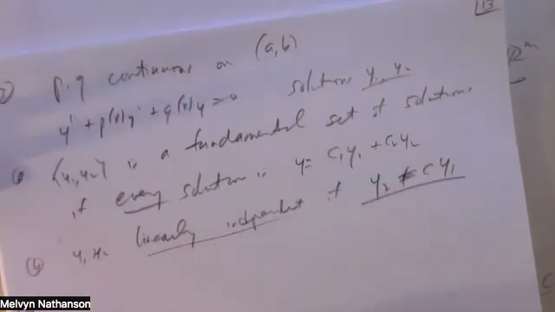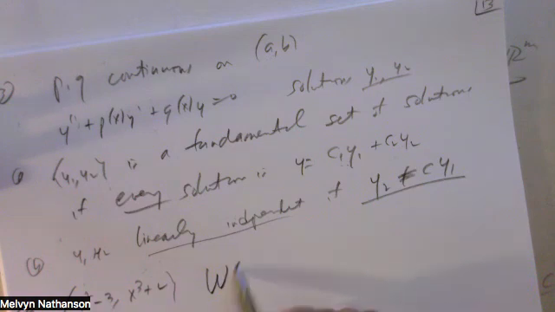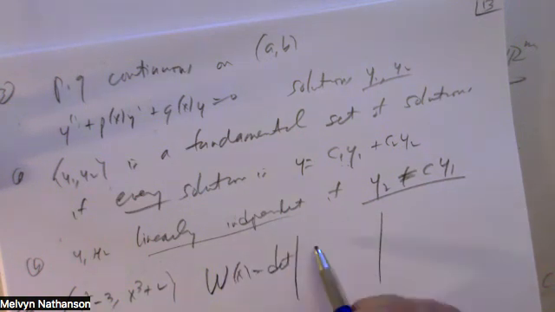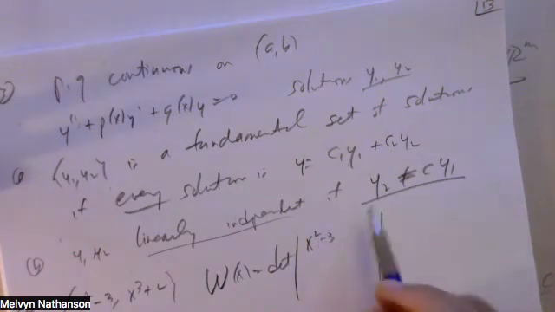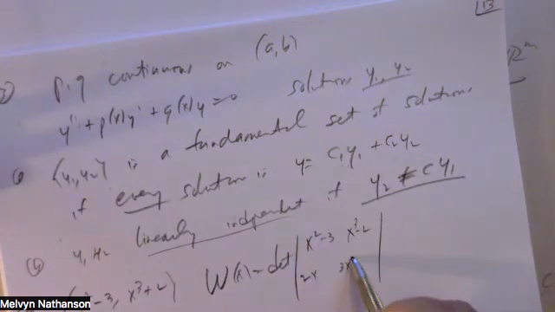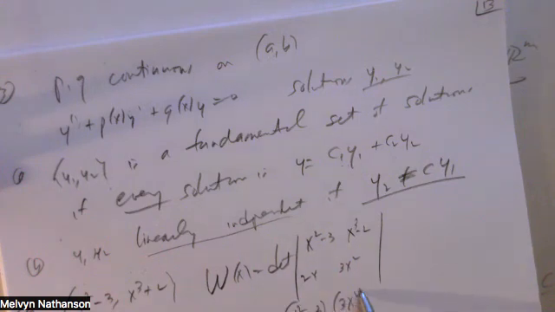And in problem 4, we have a set of functions, x squared minus 3 and x cubed plus 2. So what is the Wronskian? It's the determinant of the 2 by 2 matrix where the functions are in the first row and their derivatives are in the second row. So the determinant is x squared minus 3 times 3x squared minus x cubed minus 2 times 2x.